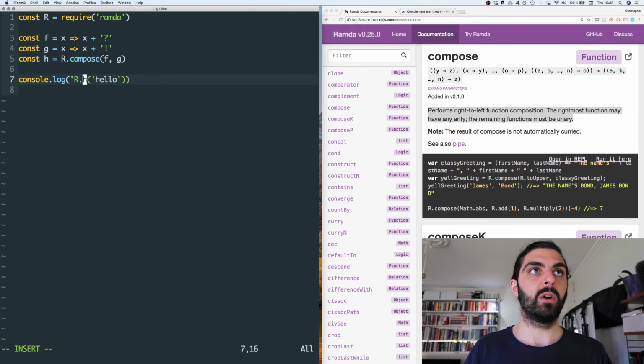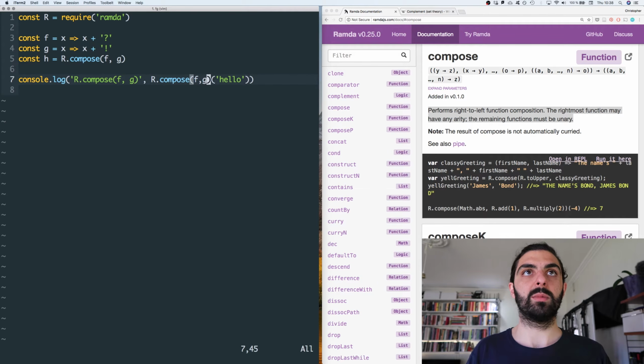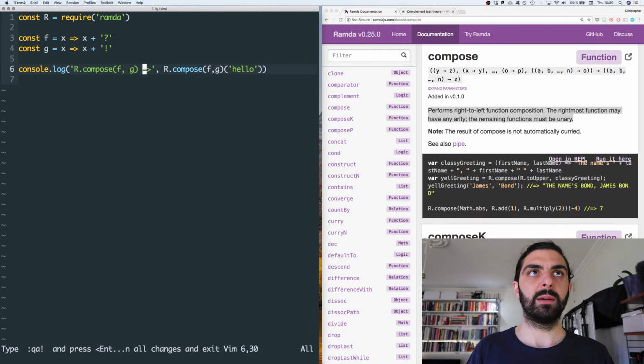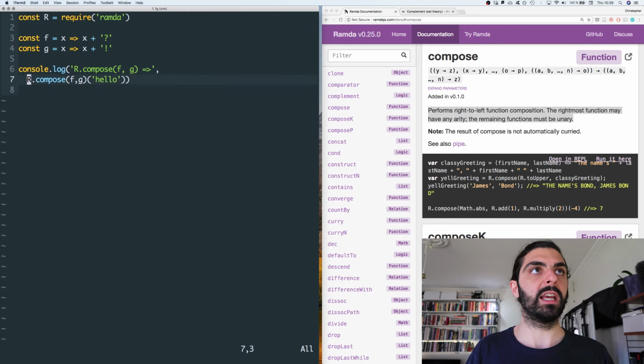If we say R.compose F and G, and we invoke it immediately with hello. Hopefully that doesn't look too ugly. So instead of defining the function H, I'm doing the composition here. I'm sort of inlining the composition.